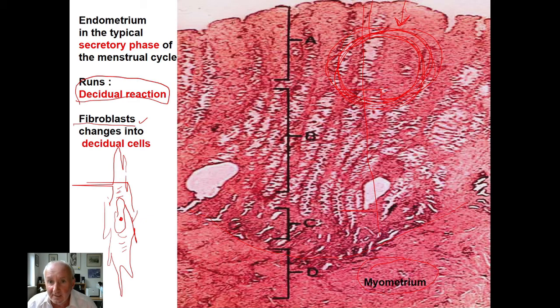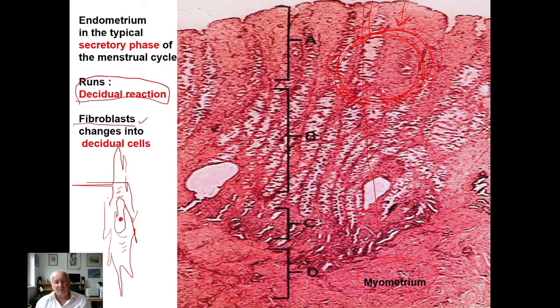That means in the endometrium there are many fibroblasts everywhere. And the decidual reaction is a reaction which is running in fibroblasts. They are stopping to produce the extracellular matrix, not important in this moment now.